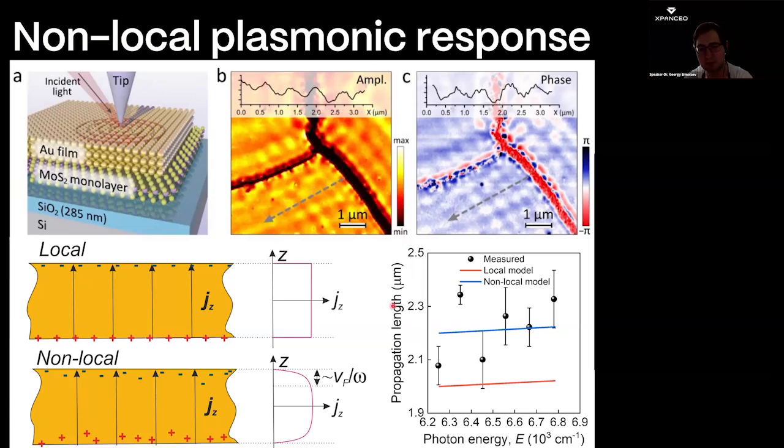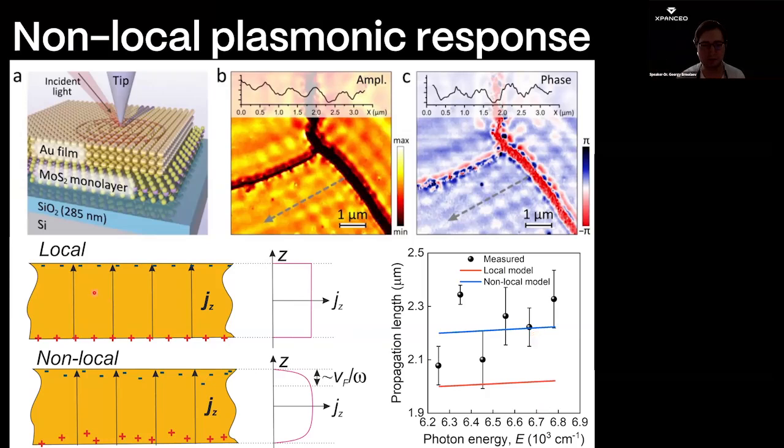And surprisingly, we observed that using the local model, which we use in ellipsometry, cannot reproduce the high propagation lengths of our plasmons, and you can see that plasmons propagate further than is predicted from ellipsometry.